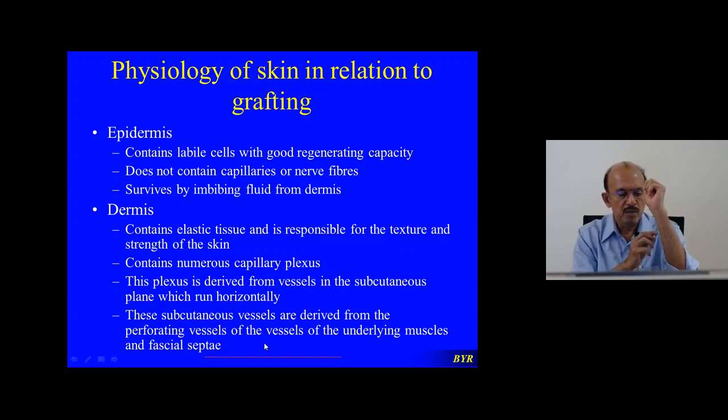From the muscle, the perforating branches come and produce a subcutaneous blood plexus. From the subcutaneous plexus, the blood vessels penetrate the dermis. So this is all a block. So you can remove a block of tissue because the nourishment of the overlying skin is derived from the muscle vessels through subcutaneous vessels.